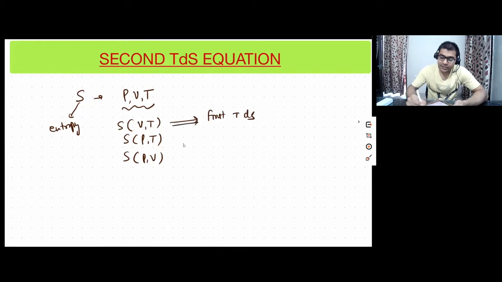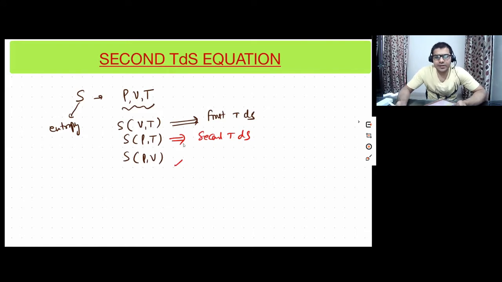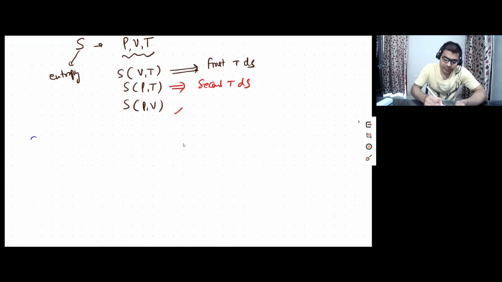We will consider the second form today, and we'll see that it leads us to the second TdS equation. Similarly, the third one leads to the third TdS equation that we'll consider probably in the next video. Okay, so let's move on to find the second TdS equation.